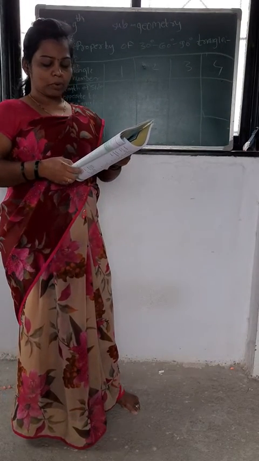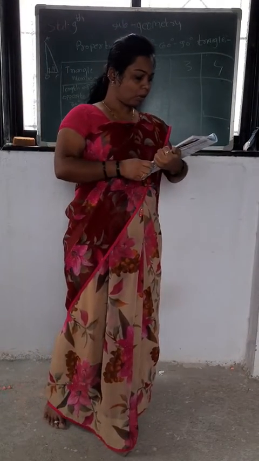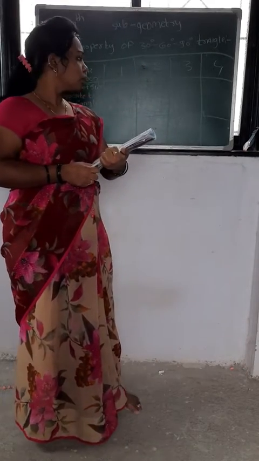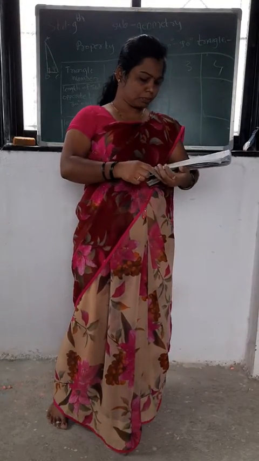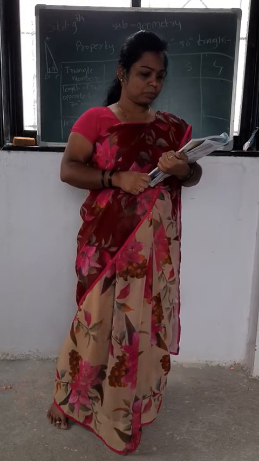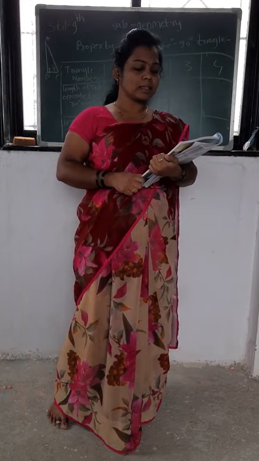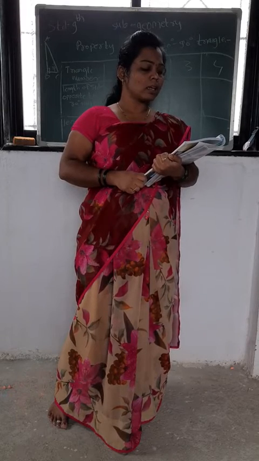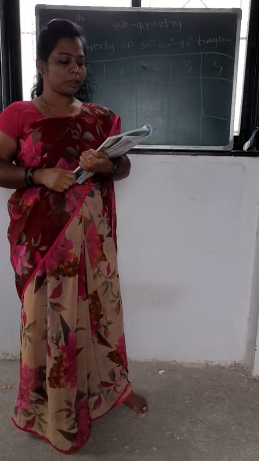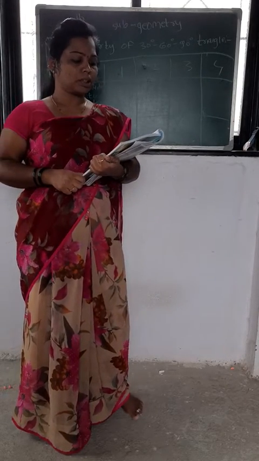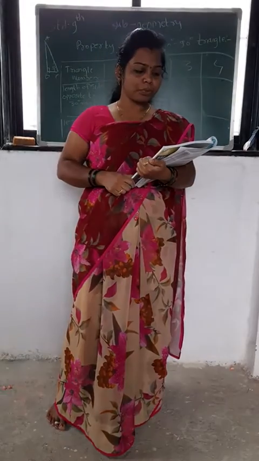The theorem is: if the acute angles of a right angled triangle have measures 30 degree and 60 degree, then the length of the side opposite to the 30 degree angle is half of the length of the hypotenuse. This is the theorem of 30 degree, 60 degree and 90 degree. We have to prove this theorem.